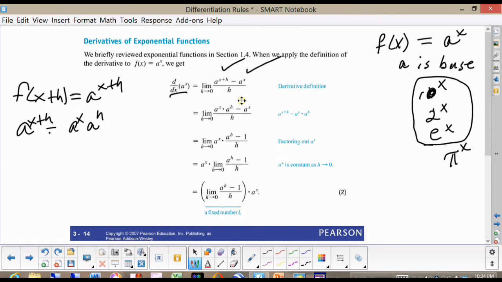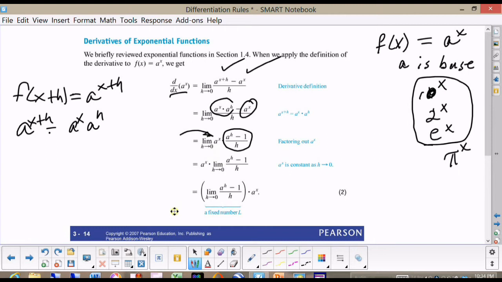And notice you can factor out a to the x, and have a to the x, which is the function itself, times (a to the h minus 1) over h, calculating the limit as h approaches 0.